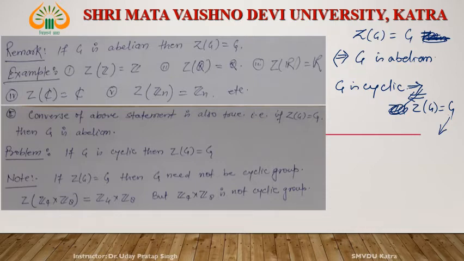See the counter example. Z4 cross Z8. This is a group.